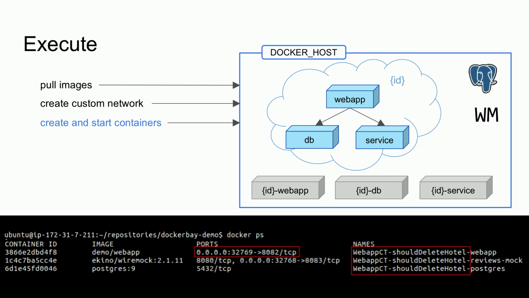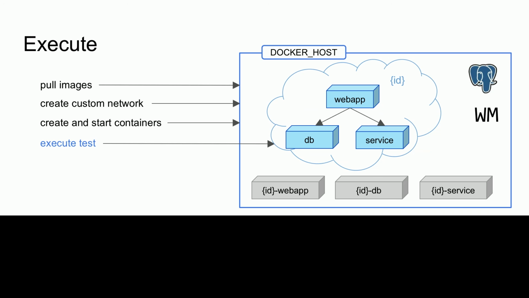So when we build the container and we say we want to expose a TCP port, we allocate a random port on localhost and map it to the port inside the container, so that we have access from outside the Docker environment into this network. And then we actually execute the test against this environment. That's what we saw previously.